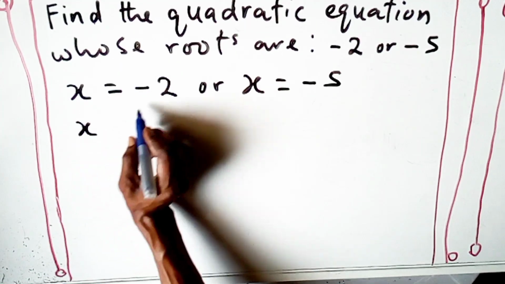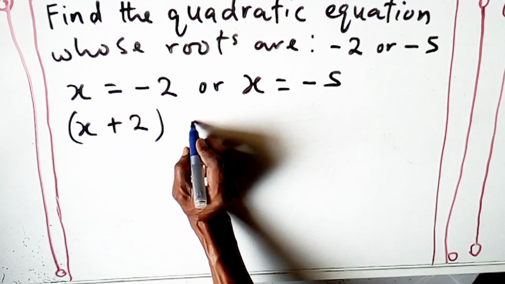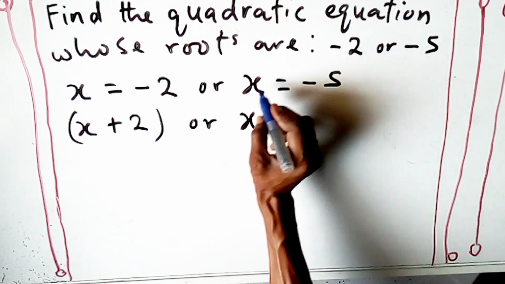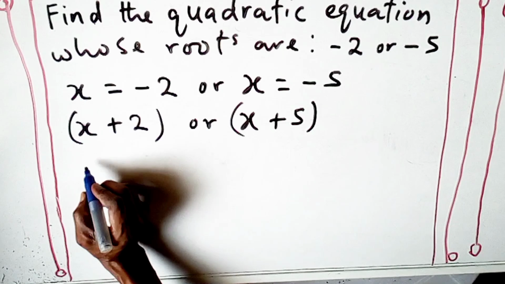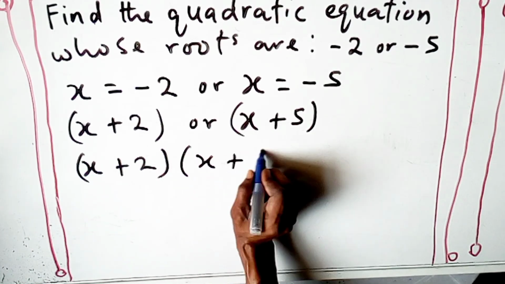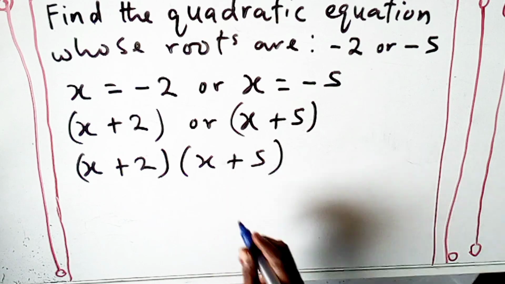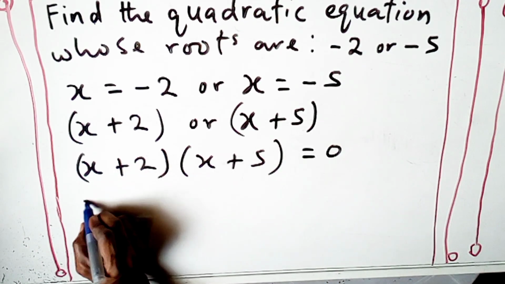And when minus 2 crosses over to the other side, it becomes positive, or minus 5 also crosses to the other side, becomes positive. So we're going to multiply the two brackets by expansion. So let's see whether we're going to get the same quadratic equation.